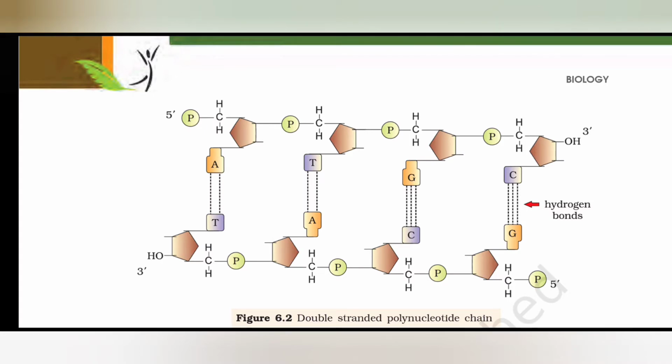You can see there are 2 polynucleotide chains, one showing 5 prime to 3 prime polarity, but the other chain is anti-parallel, showing 3 prime to 5 prime polarity. And at every deoxyribose sugar at 1 prime position there are various nitrogen bases.